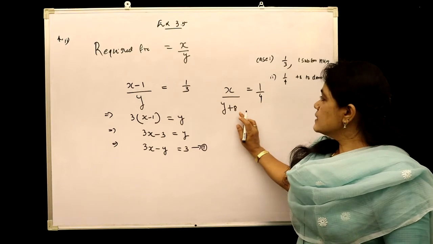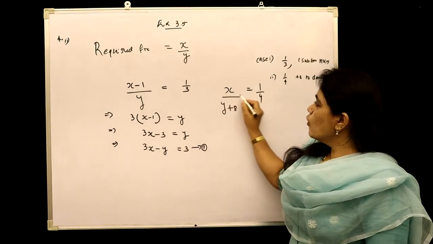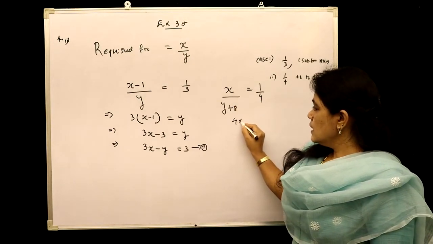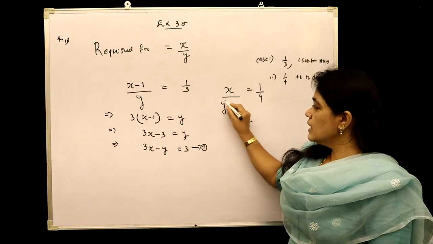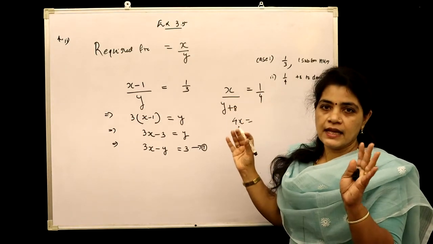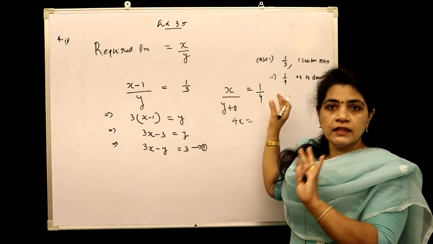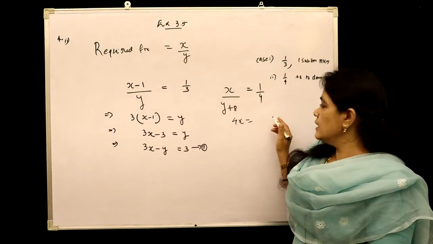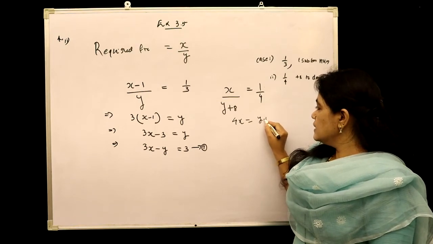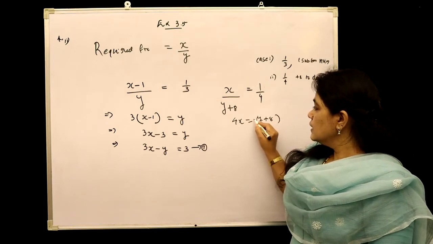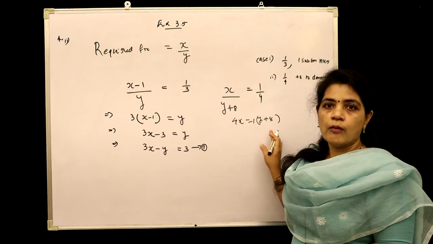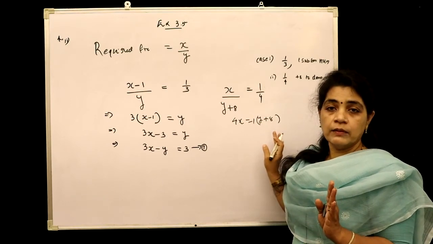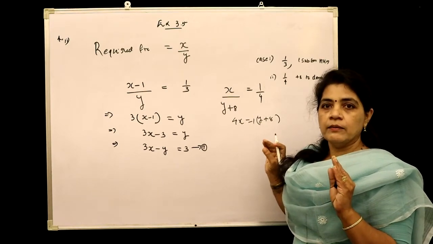And in the second case, same way, 4 into x, 4x is equal to, here the denominator y plus 8. As such, we can multiply with the numerator in the RHS, which is 1. So 1 into y plus 8 is y plus 8 itself. See, children, it will come like this. So if you are opening by multiplying with 1, the terms will remain as such.